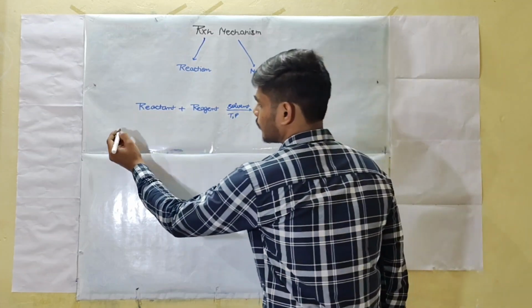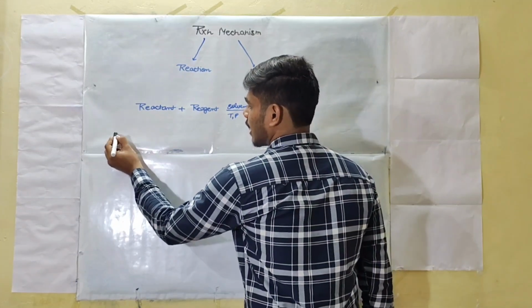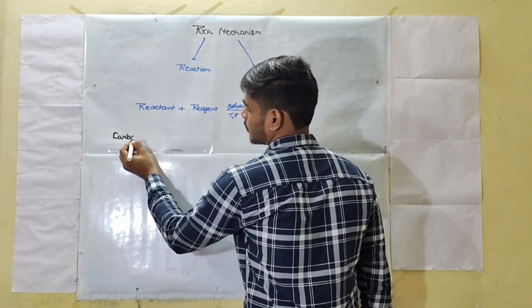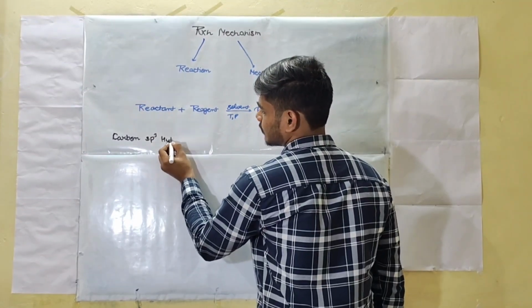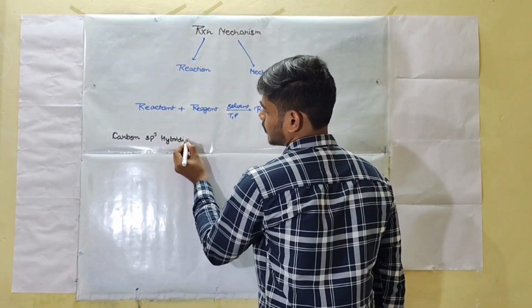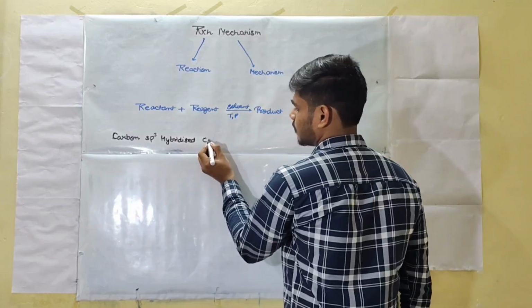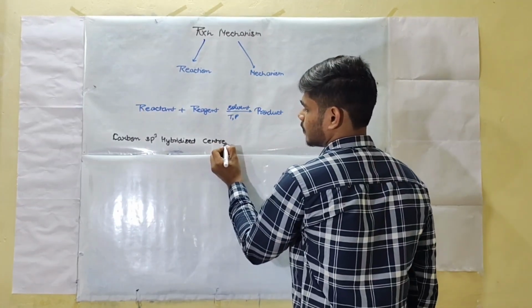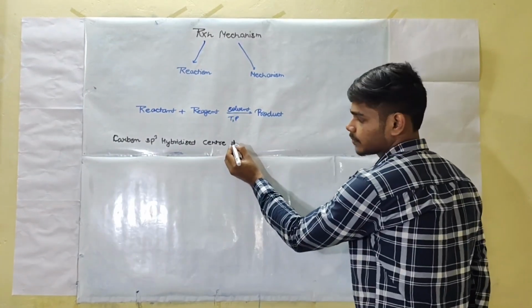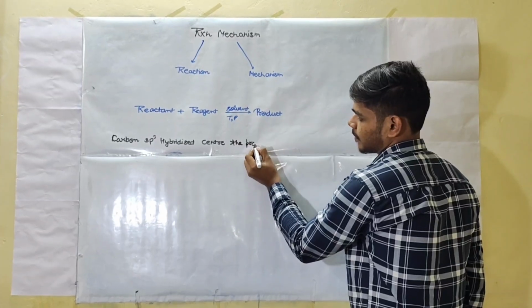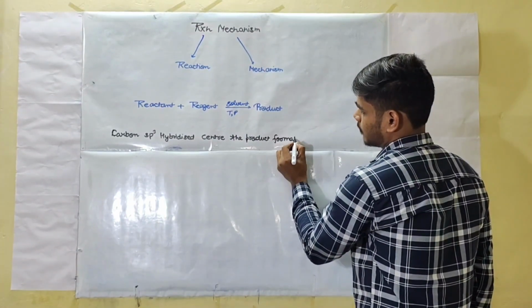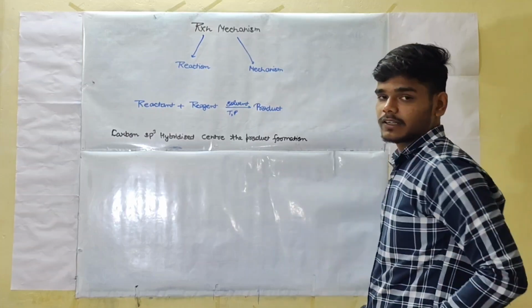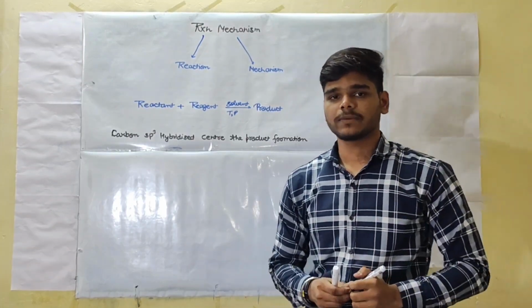So if we see carbon sp3 hybridized center, the product formation takes place by two types.